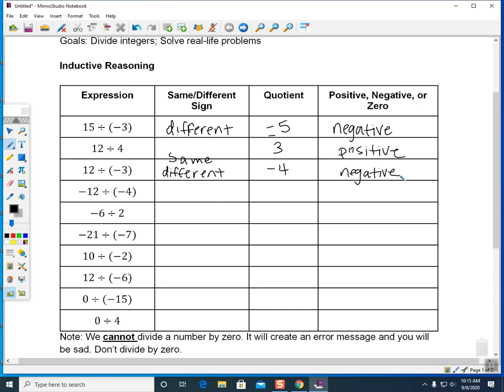Negative 12 divided by negative 4, they have the same sign. Negative 12 divided by negative 4 is a positive 3. My answer is positive. Negative 6 divided by 2, I've got different signs.